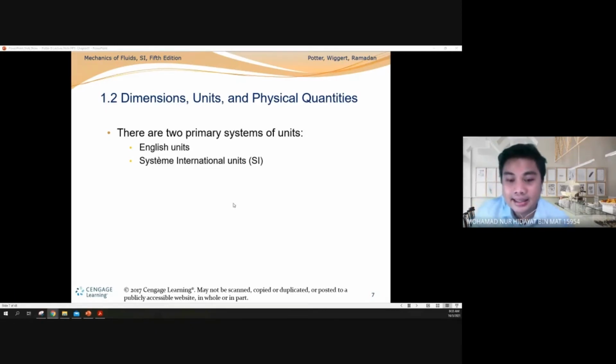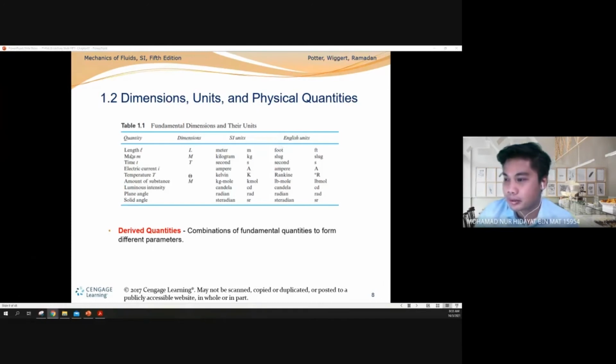It is an SI unit, the International System of Units. For length, the dimension is L. For those who don't understand what dimension is, dimension refers to the degree of the quantity. That is the definition of dimension. For length, the SI unit is meter, and the English unit is foot. For mass, it is kilogram, and for English, it is slug.